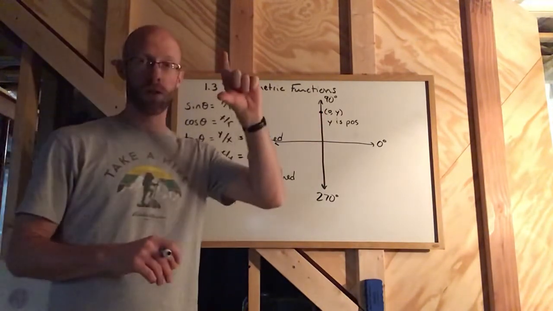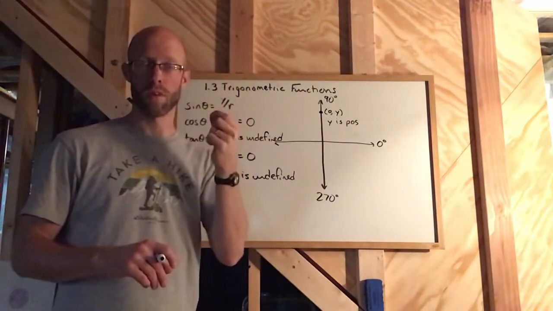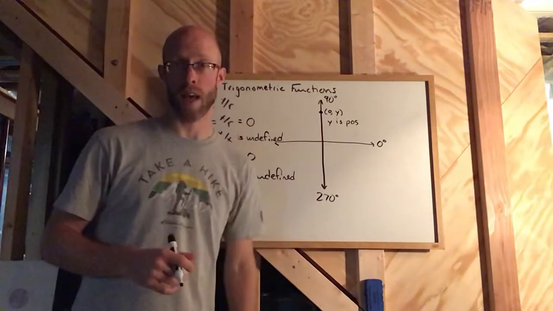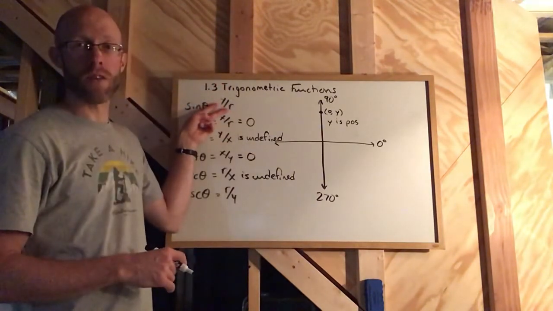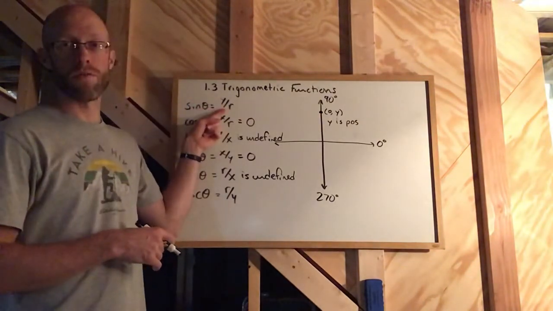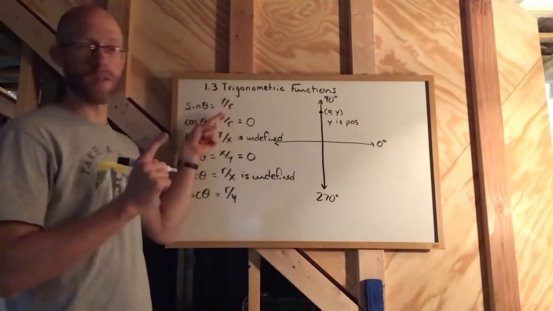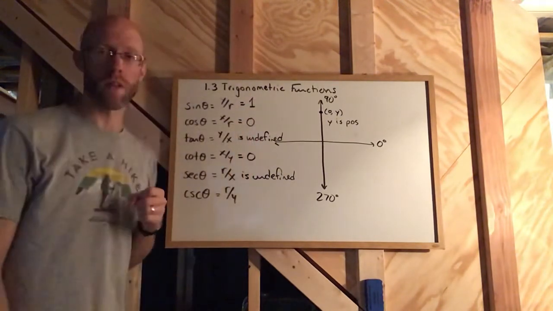It's interesting, the vertical leg of the triangle and the hypotenuse would kind of overlap exactly, okay? And so when r and y are the same thing and you divide them, anything divided by itself is 1. And so if they have the same value, then you get a 1 there.